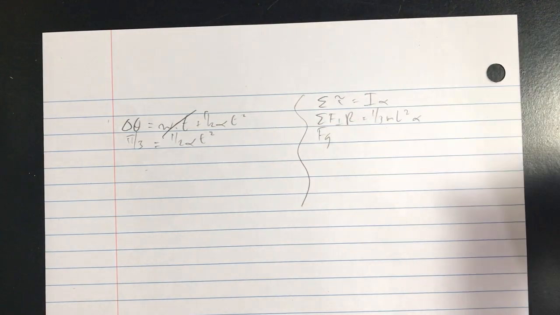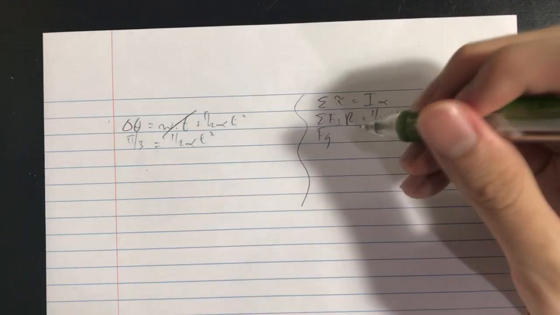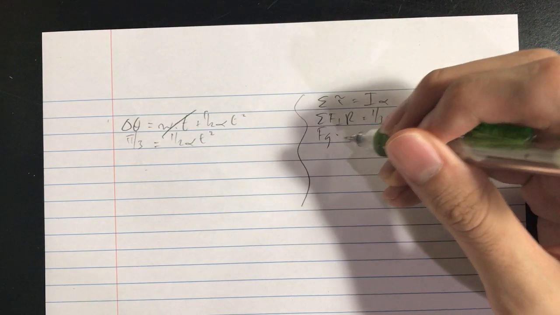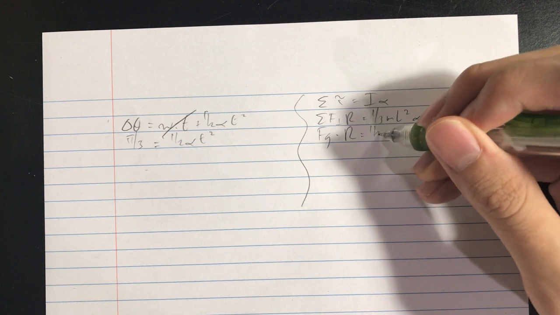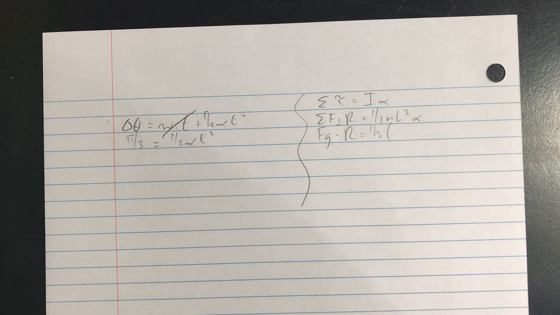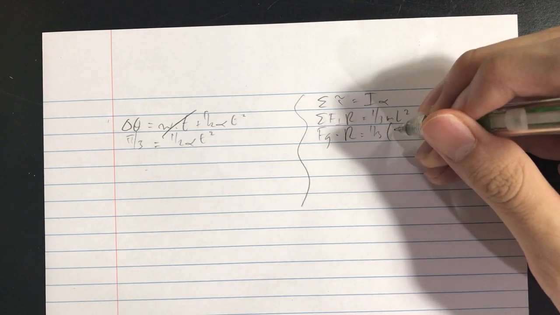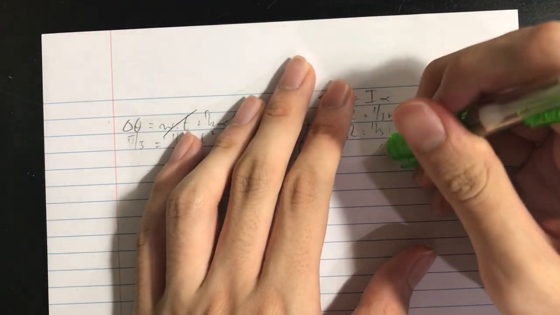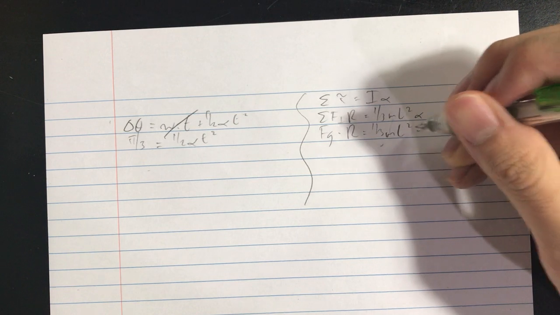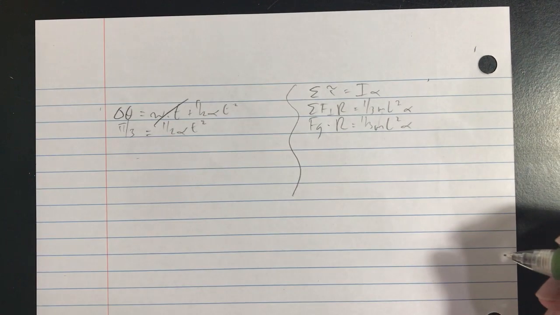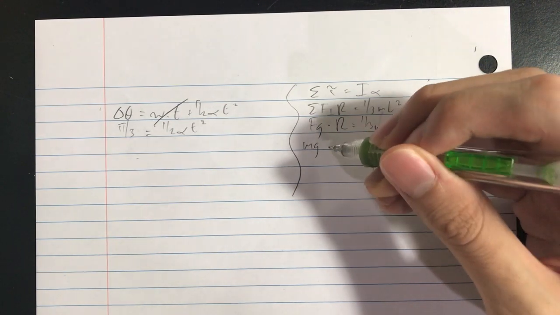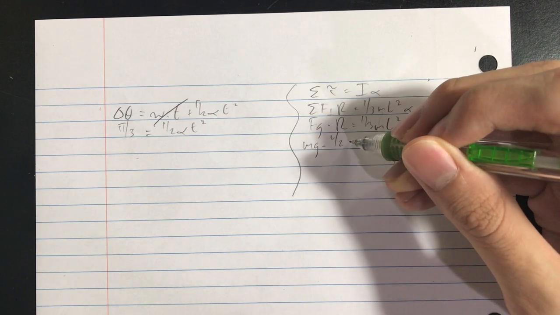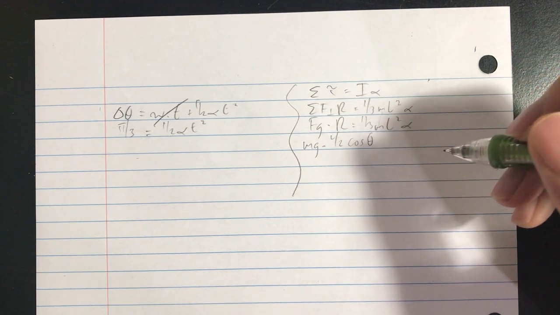Only force affecting torque is Fg. Fg equals mg. R is L over 2 cosine theta.